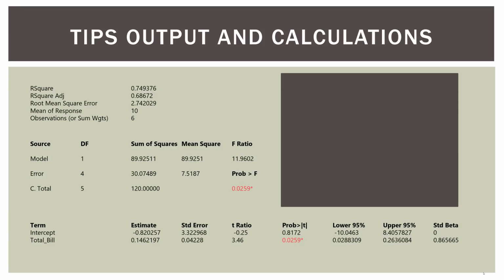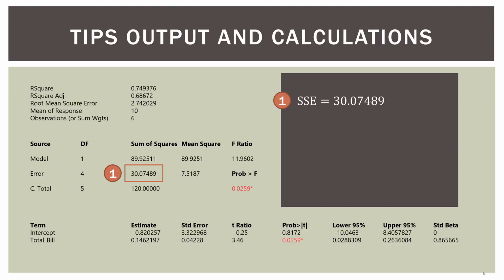So let's go ahead and make sense of this output that we saw earlier and align it with what we've done up to this point. Number one, we have SSE, or sum of squares due to error, 30.07489. You can see it here on the right, and in the output on the left. Remember, we calculated this visually by taking the residuals, squaring them, and adding the area of the squares, the yellow squares, remember?